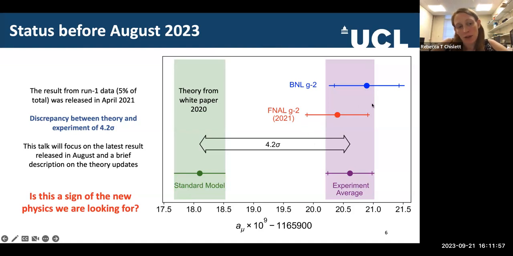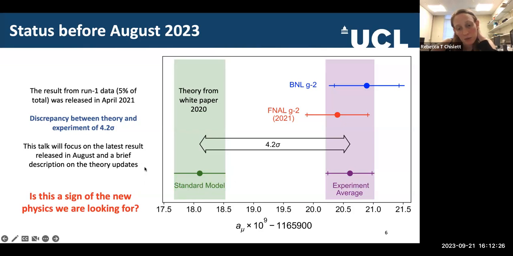They're both very statistically dominated, so we can combine them and get this experimental average. And then the best theoretical prediction that we had was released in what we call the white paper, published in 2020, and that combined all the theoretical predictions from all the theorists that were working on this in the G-2 Theory Institute.